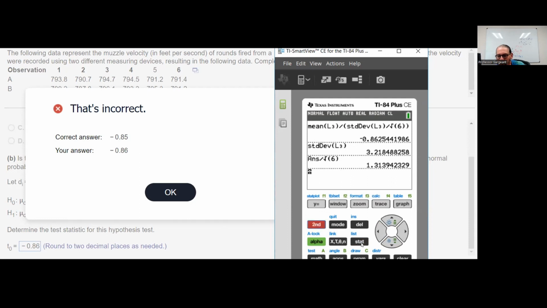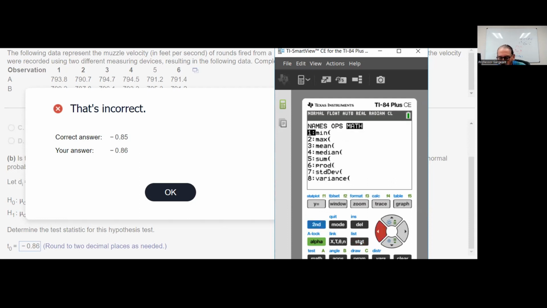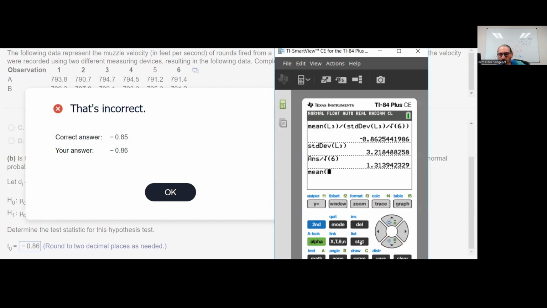Again, I could go back to stat one variable calc, or I could do this to tell me what do we get from list 3 for the mean. So I would divide that answer by this, and I'm coming up with the same thing. So I wonder if I misentered something.